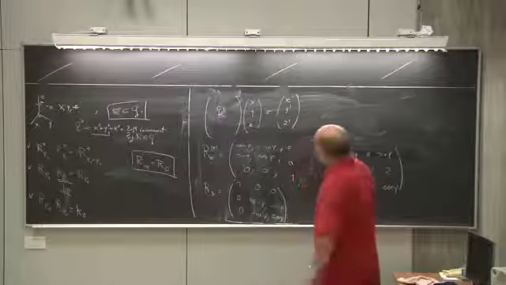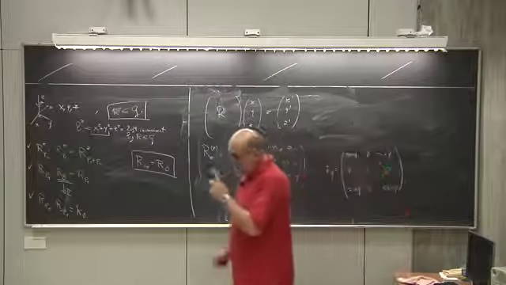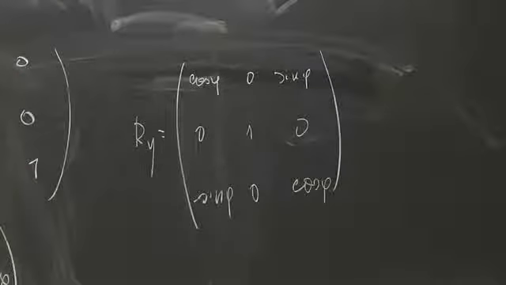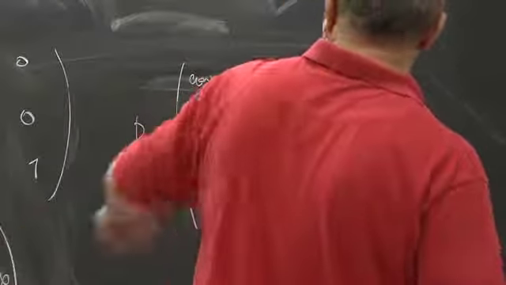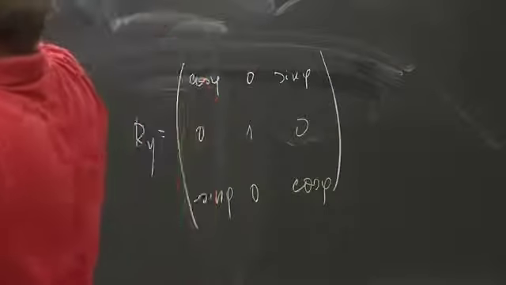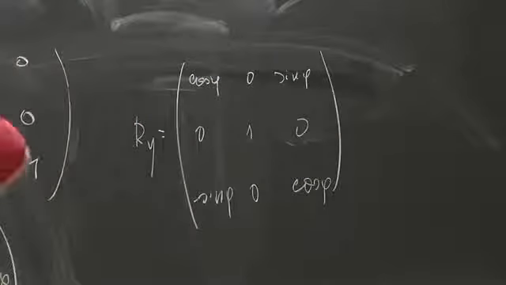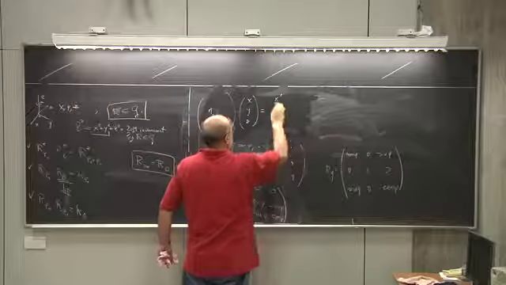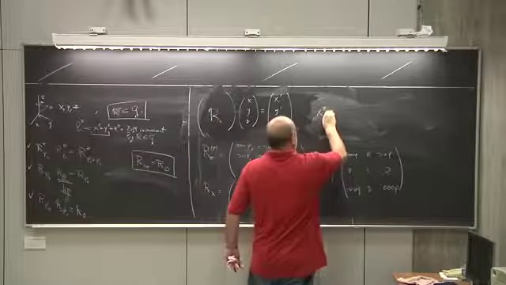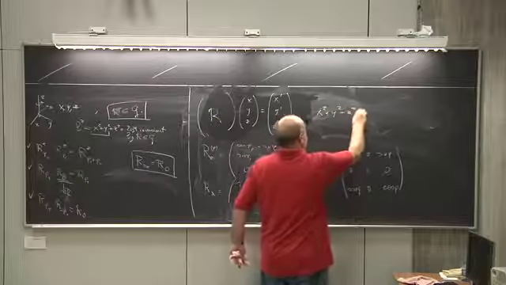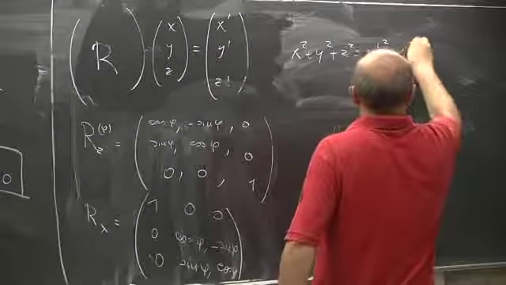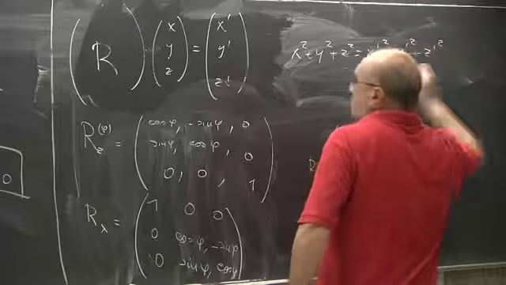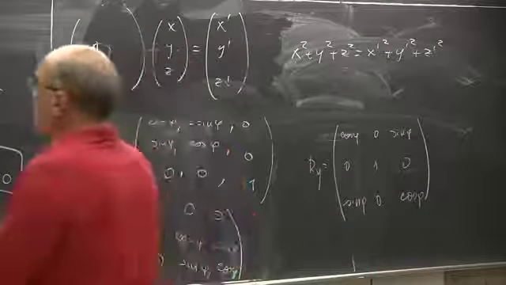Now, in general, this is rotation along Z, Y, but I can have a rotation along any direction. We have a 3 by 3 matrix that acts on this vector and produces another vector. It has the property that the length is left invariant. Okay, these are typical rotations.